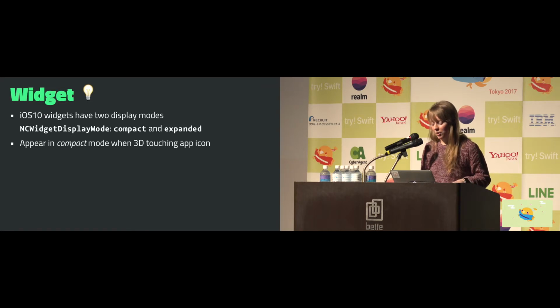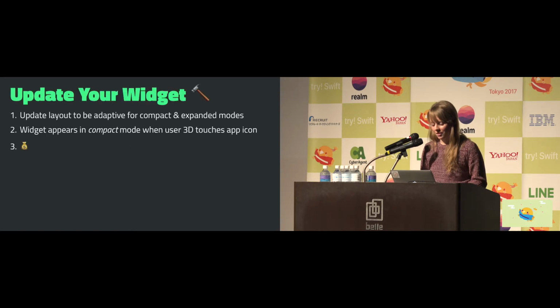So when you 3D touch the app icon, the compact mode shows up. So you just need to make sure that it's implemented so that the right information is going to be shown. So it's a super simple process.